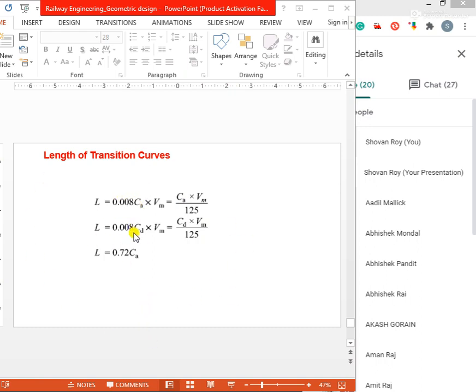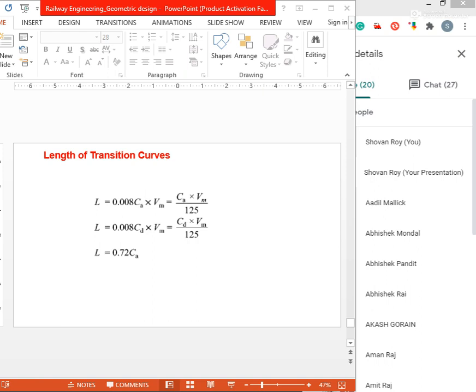L equals 0.008 CA into VM, or L equals 0.008 CD into VM, or L equals 0.72 into CA, where L is the length of the curve in meters, CA is the actual cant in millimeters, and CD is the cant deficiency in millimeters.